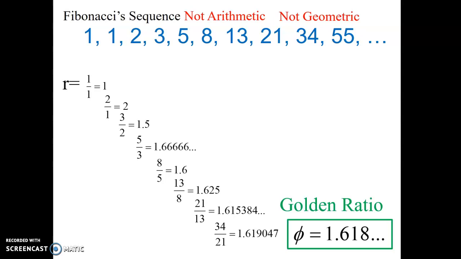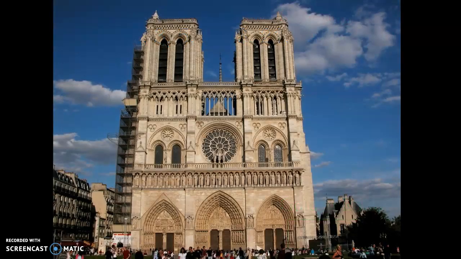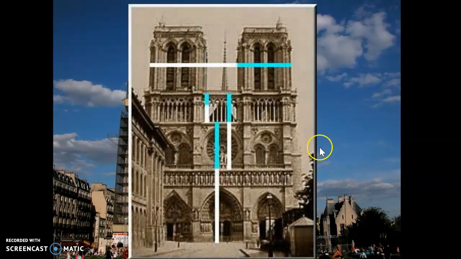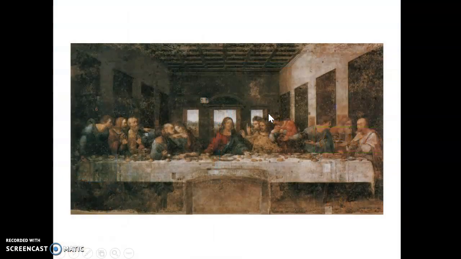All right, and the golden ratio actually exists everywhere. Right. This is Notre Dame, I believe. And when you look at the dimensions, okay, the white to the blue, all right, is a ratio of 1.618. All right, even vertically. Okay, I'm going to talk about that in a second.